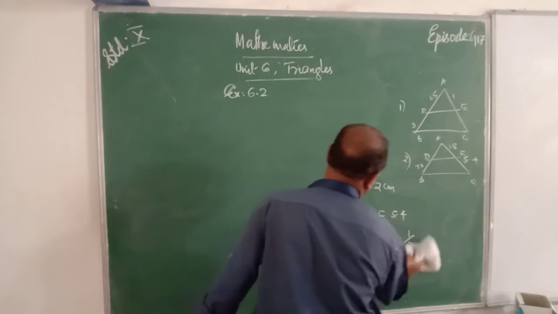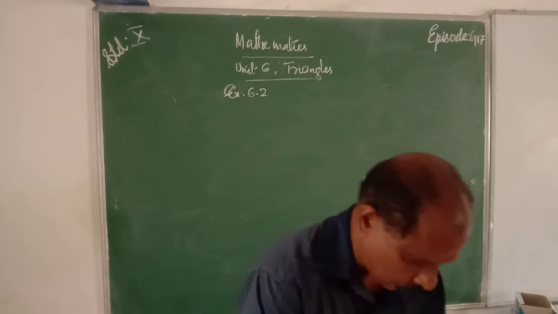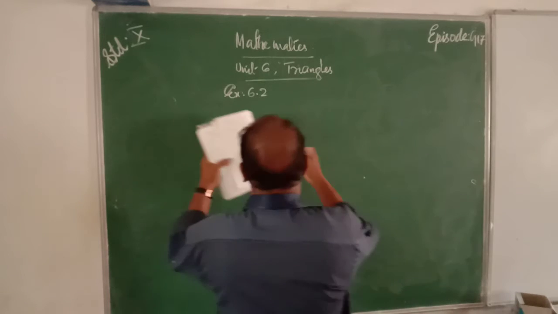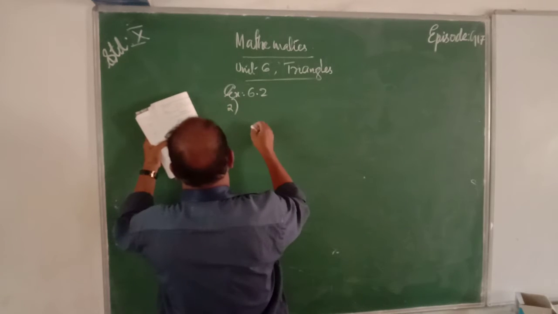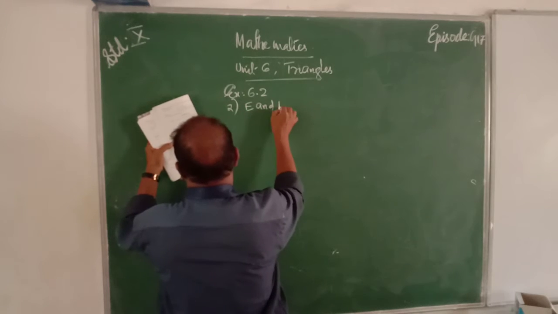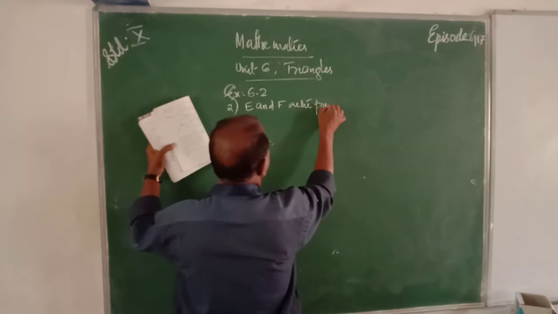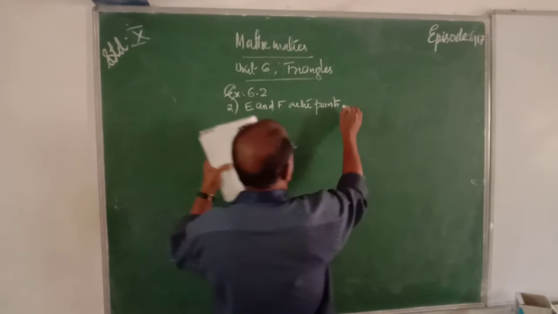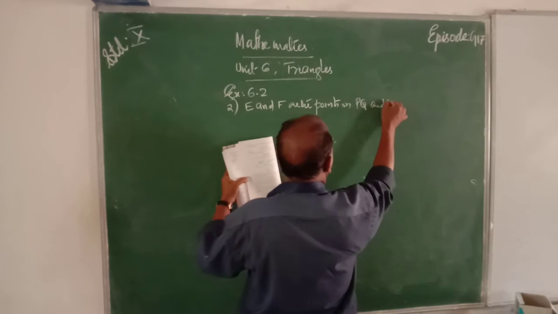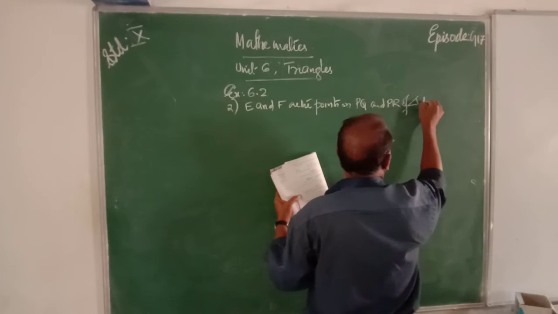Then the second question of exercise 6.2 is: E and F are the points on PQ and PR of triangle PQR.